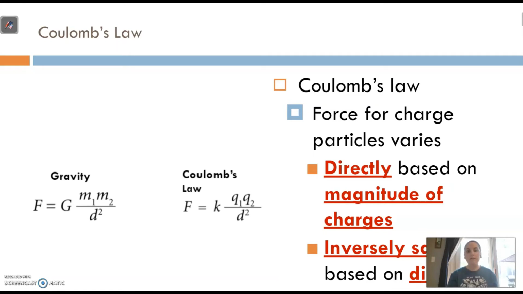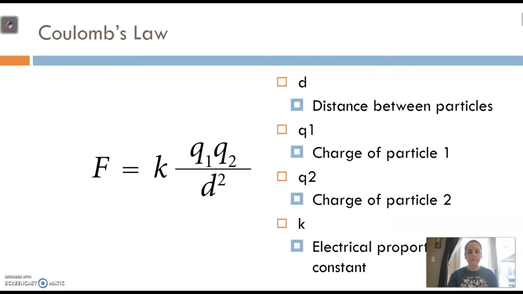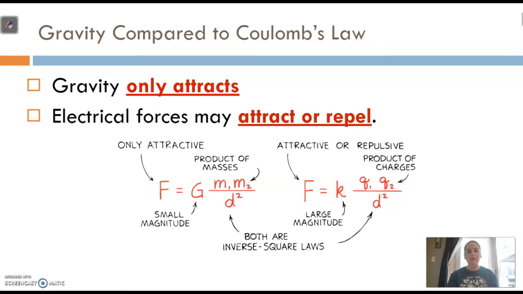And distance is inversely proportional, so if you increase the distance between your charges, that force is going to decrease, and vice versa. Here, d is the distance between particles, q1 is the charge of particle 1, q2 is the charge of particle 2, and k is the electrical proportionality constant, with a value of 9 times 10 to the 9th newton meter squared over coulomb squared. So remember that one.